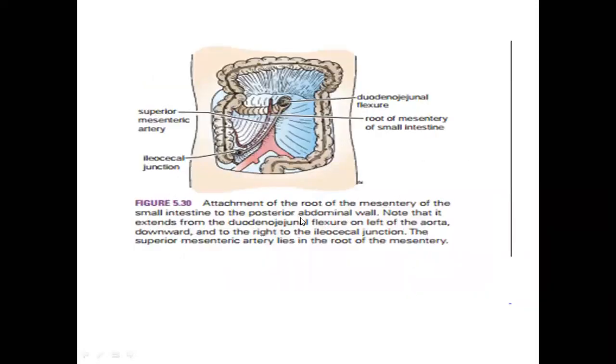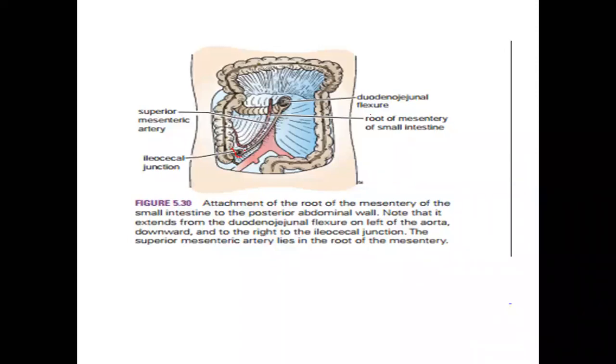Now you can see here very clearly the mesentery of the small intestine, which is marked here. And this is the ileocecal junction, that is the ileum will become the cecum.